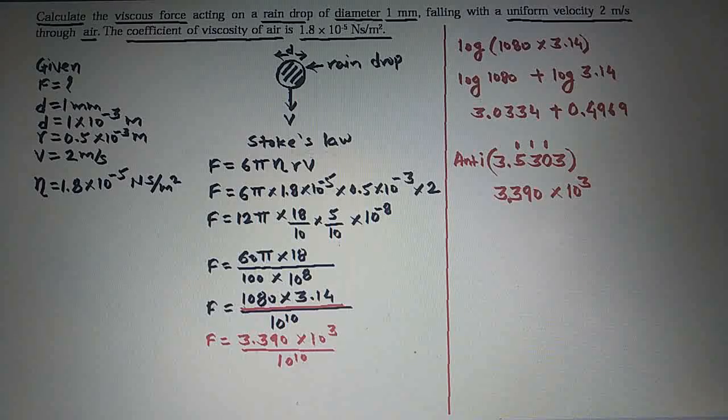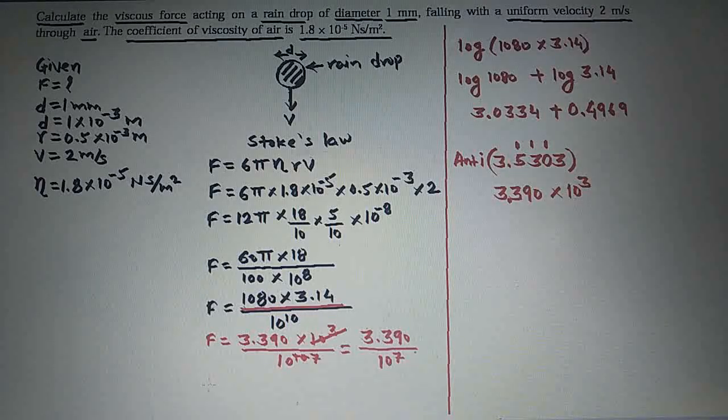Now in this 10 raised to 3 and this 10 raised to 10, the power of 3 will get cancelled, so the remaining will be 10 raised to 7 here. So we can write it as 3.390 divided by 10 raised to 7.